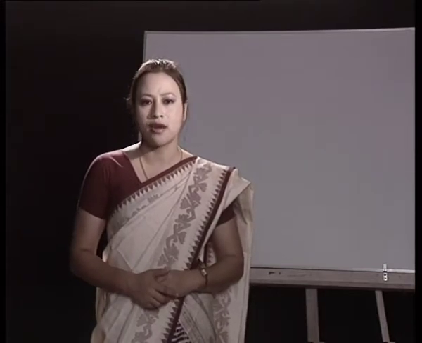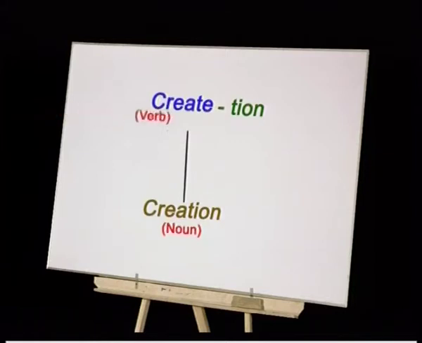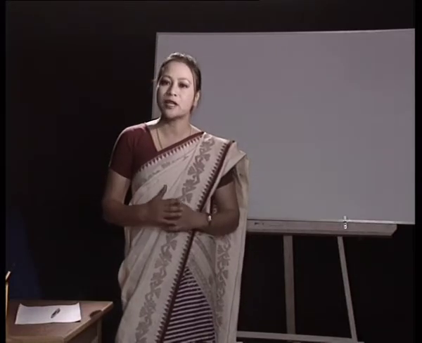Derivational morphemes make new words from old ones. Thus, creation is formed from create by adding a morpheme that makes nouns out of some verbs. Derivational morphemes generally change the part of speech or the basic meaning of a word.